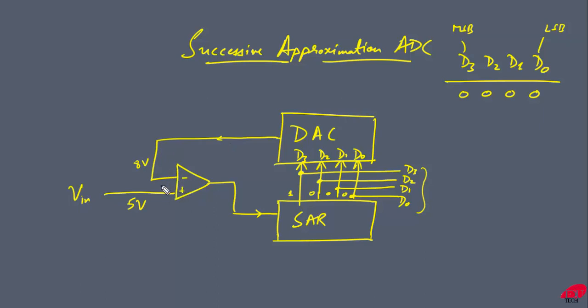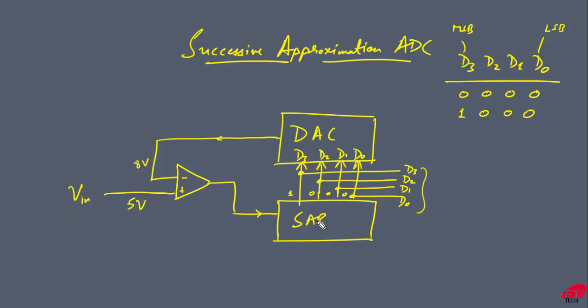Is 8 volt less than 5 volt or greater than 5 volt? 8 volt is greater than 5 volt, or you can say 5 volt is less than 8 volt.